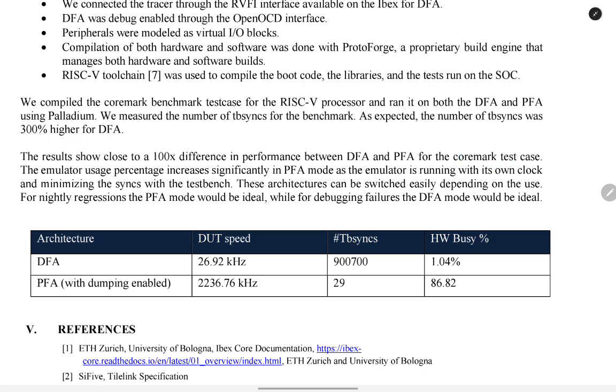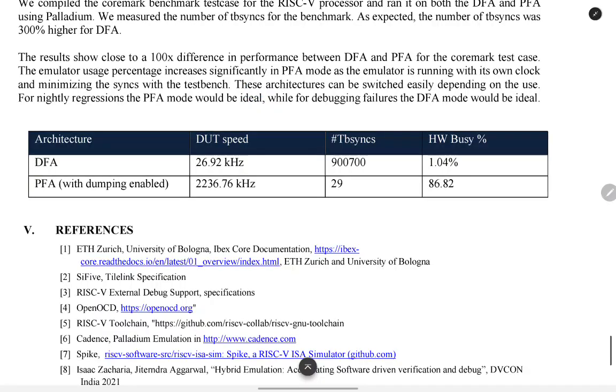The emulator usage percentage increases significantly in PFA mode as the emulator is running with its own clock and minimizing the sync with the test bench. These architectures can be switched easily depending on the use. For nightly regression, the PFA mode would be ideal, while for debugging failures, DFA mode would be ideal.